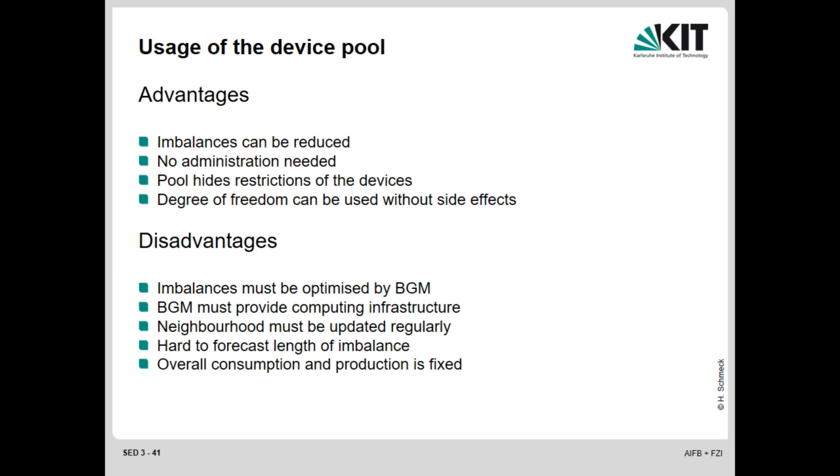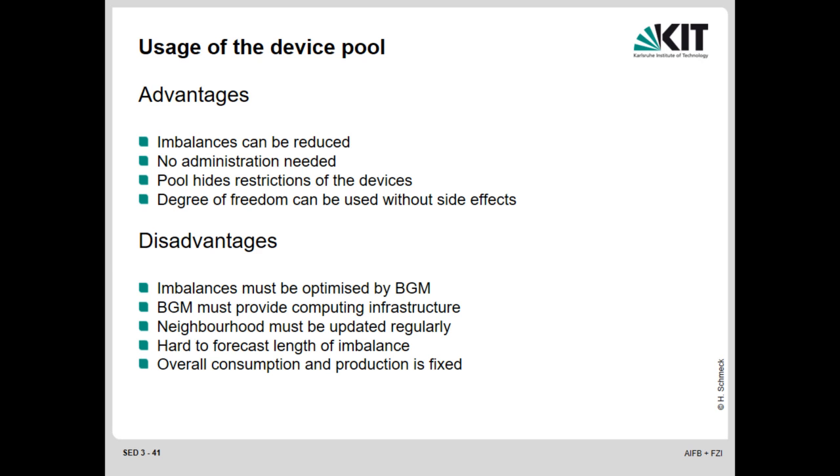And so outside the pool, nobody needs to know the restrictions of the devices, and you can do that completely local to that pool. Certainly, we had quite a large pool. We had 1,900 fridges, so it was something like more than 1,000 households. But inside that pool, the information is known, but not outside.